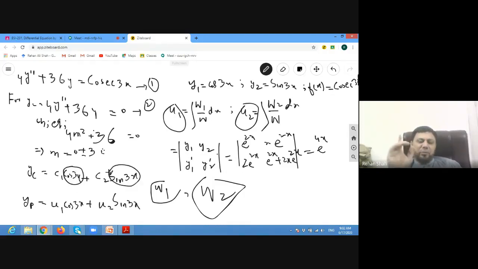And remember one point, you can also write c1 sin 3x and c2 cos 3x. So even if y1 and y2 get replaced, there is no need to memorize that y1 will be this one and y2 will be this one. Maybe your y1 is sin 3x and y2 is cos 3x. If you write it, yc is equal to c1 sin 3x and c2 cos 3x. Do you remember?